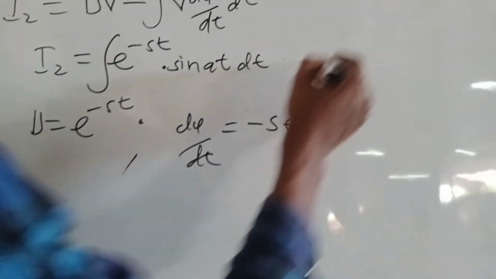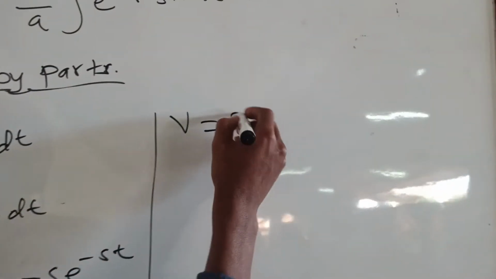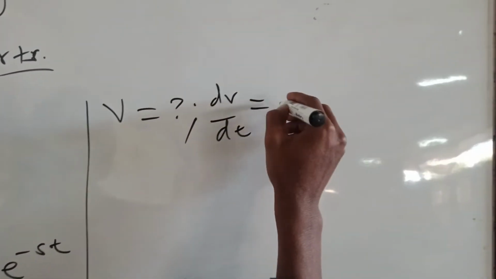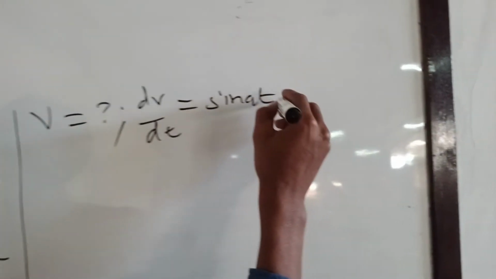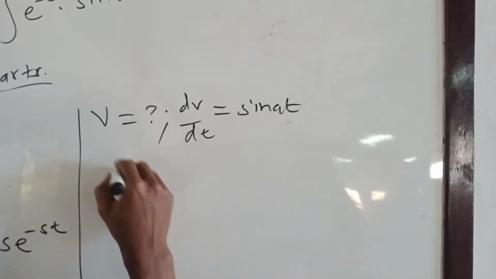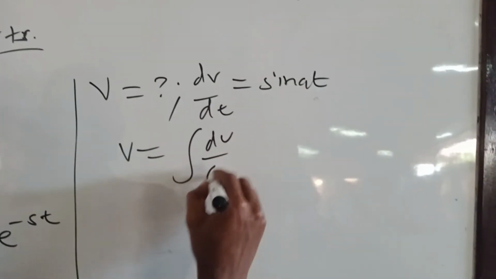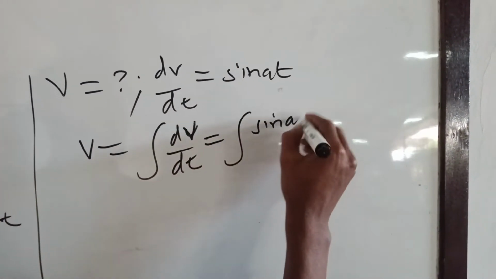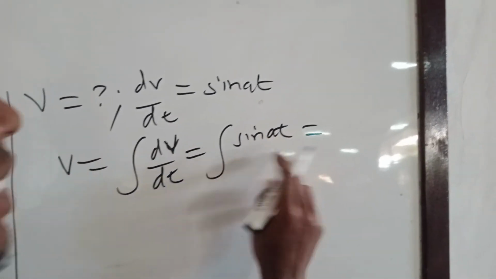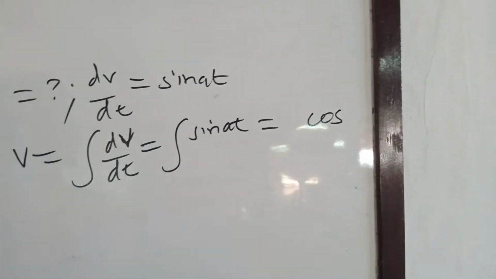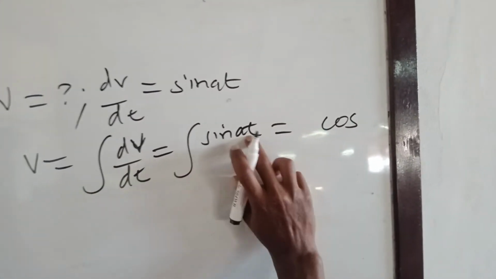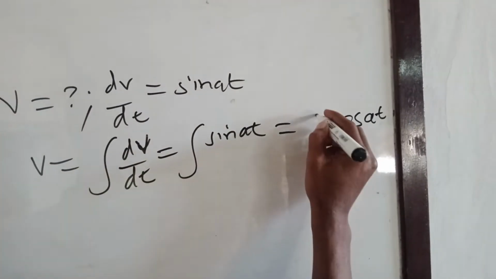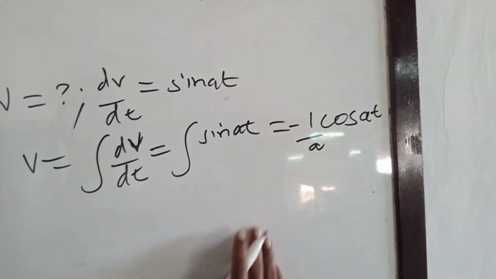Then we find our v. Our v we don't have, but we have dv over dt, which is equal to sine at. So to get our v, we integrate dv over dt, which is equal to integrating sine at. When we integrate sine we get cos, and when we integrate sine that has a value attached to t, it remains at there, but now this becomes negative 1 over a.